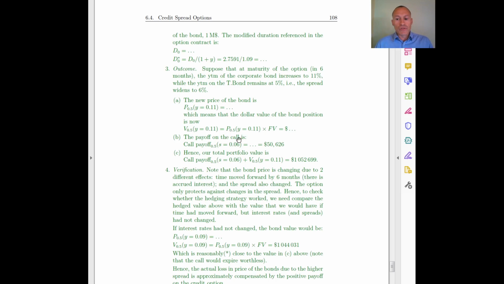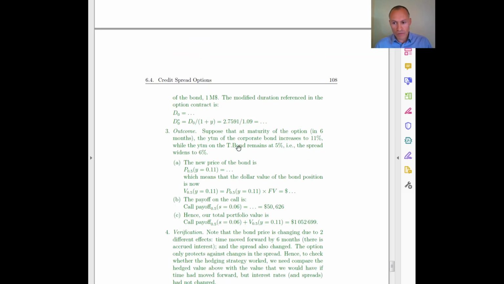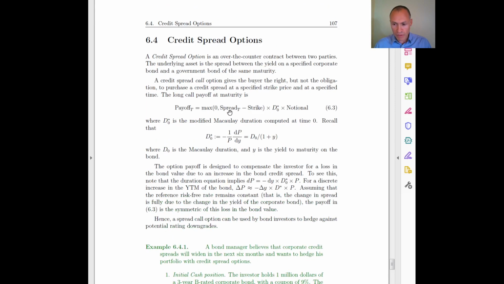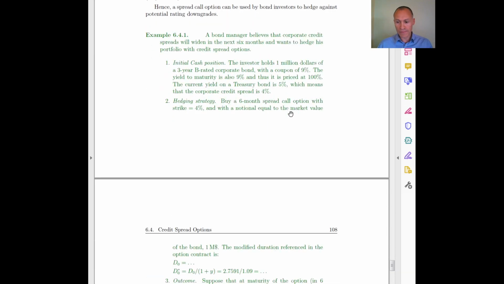So now let's compute what happens to the derivative. What is the payoff of the call? So the spread is now 6%. I am going to exercise the call because recall that this is the way it is defined. It's the maximum between the current spread, which is 6%, and the strike, which was 4%. So the option is in the money. I'm going to exercise it, and the payoff I get is the difference, 6 minus 4, so 2%, times the duration that we computed at time 0, times the notional that we contracted, right?